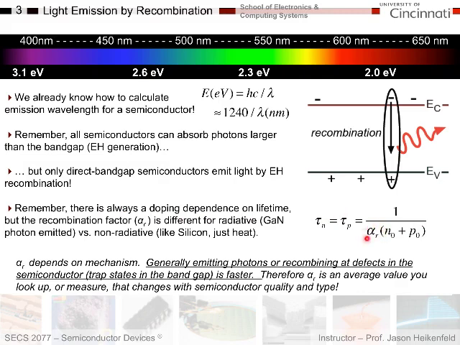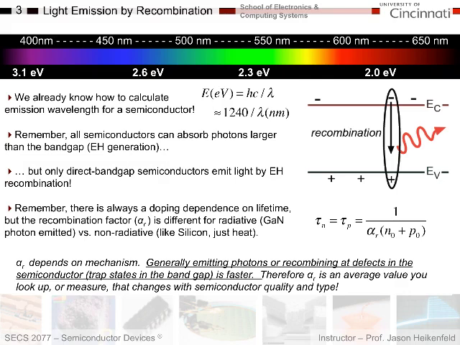And we also had this recombination factor, alpha R. A key thing I want to mention here is that alpha R is different for radiative recombination, meaning light-emitting recombination, in gallium nitride, for example, versus non-radiative, like silicon. That makes sense because gallium nitride is a light-emitting material, right?